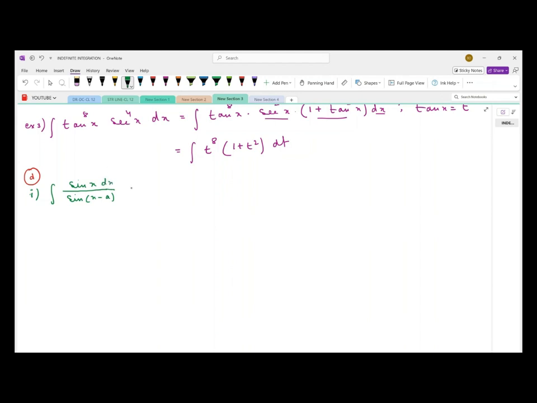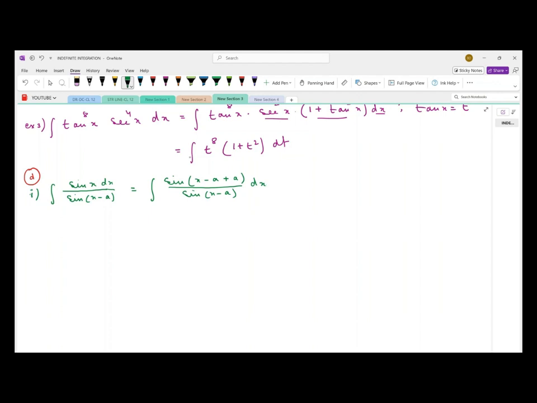If you have this, then just do this simple manipulation. Since you have x minus a in the denominator, here you write x minus a plus a by sine x minus a dx.